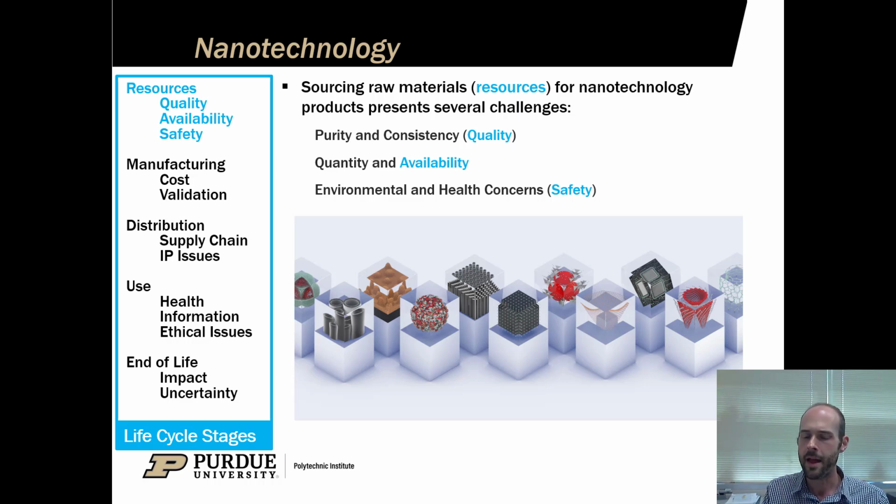And so availability becomes a concern as a lot of research and development activity works at much smaller scales. And so if you want to make a mega factory for creating mass quantities of a nano-infused substance, availability concerns are there. And acquiring materials to bring into this process introduces new health and safety concerns.